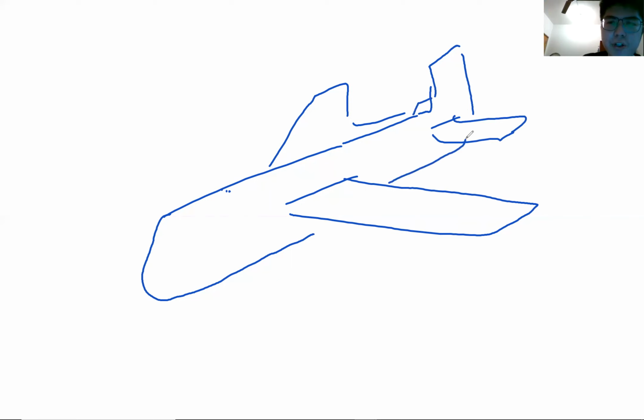Okay, if you look at the structure of an airplane, behind the wings, this is the engine, right? This is the engine, and the other side also the engine. If you look at this front part, actually we call it the leading edge. Okay, this is the trailing edge at the back.